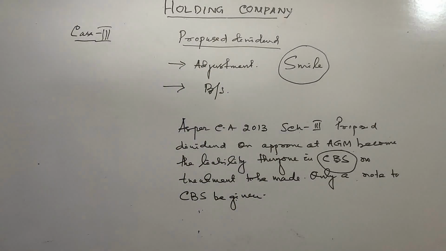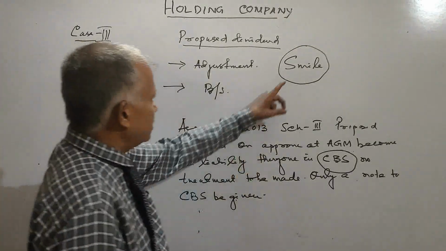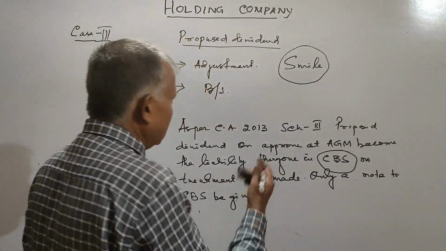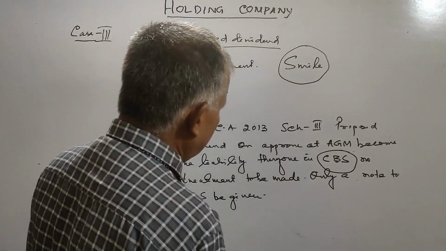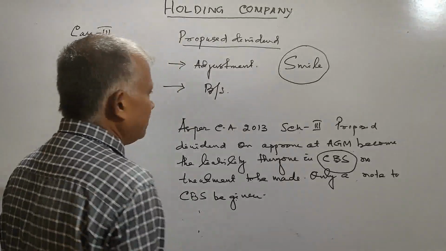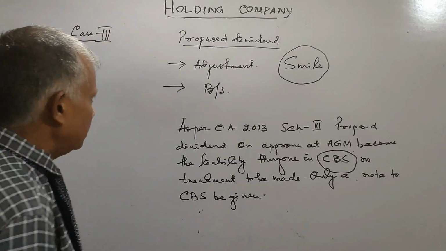Right? You need not do anything, just smile and leave that. You just give a note at the end of the consolidated balance sheet.